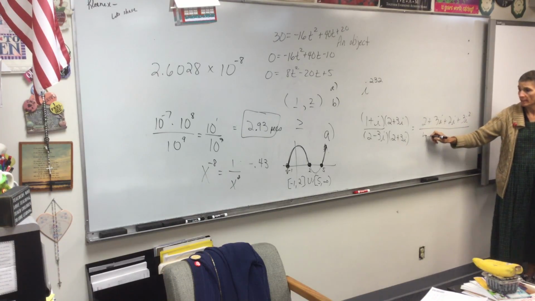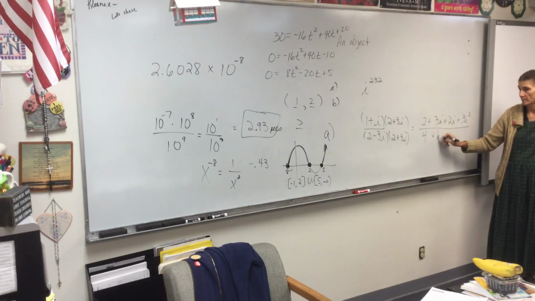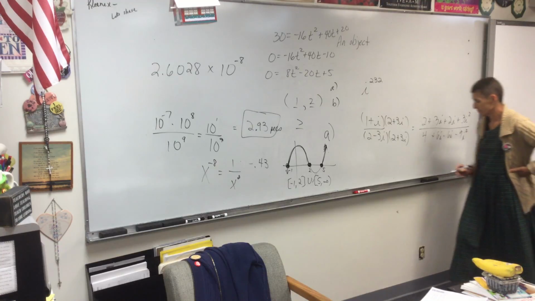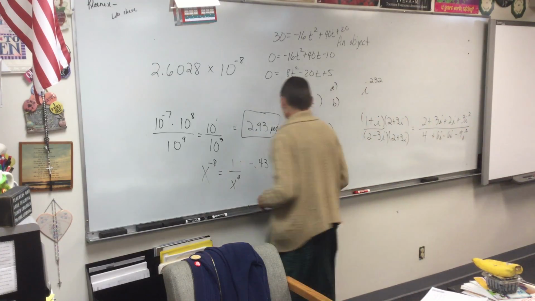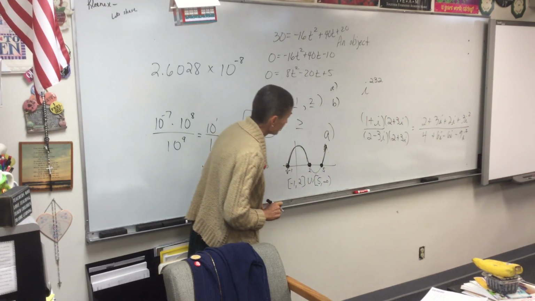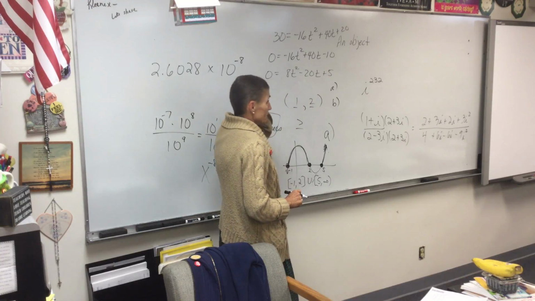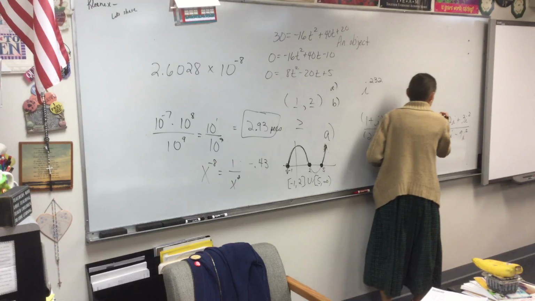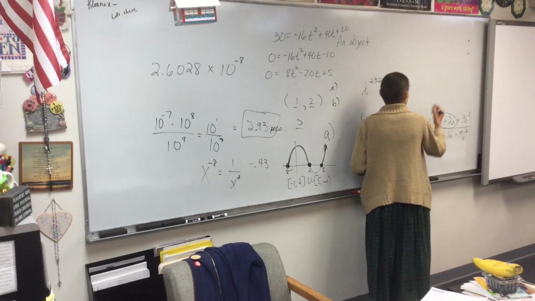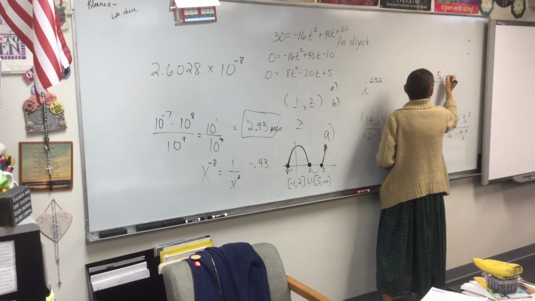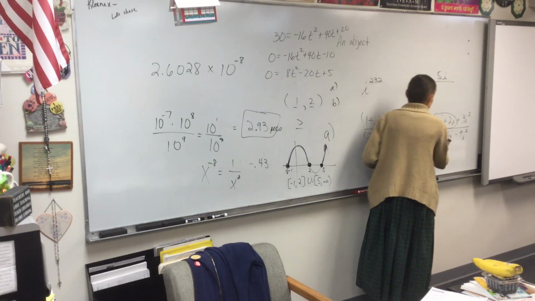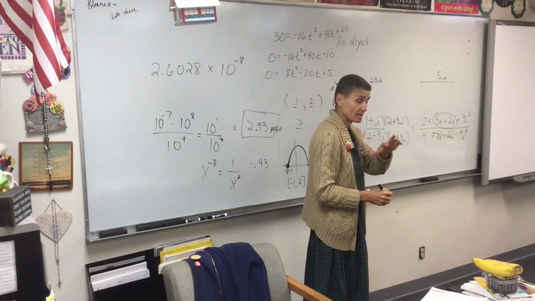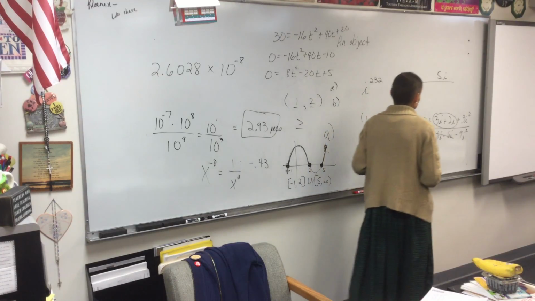And then on the bottom, I get 4 plus 6I minus 6I minus 9I squared. Double check my arithmetic, is that okay? Now we can collect like terms. So these guys make a 5I. These guys cancel, which is the reason we did it, right? That should always happen. That's what the conjugate does.